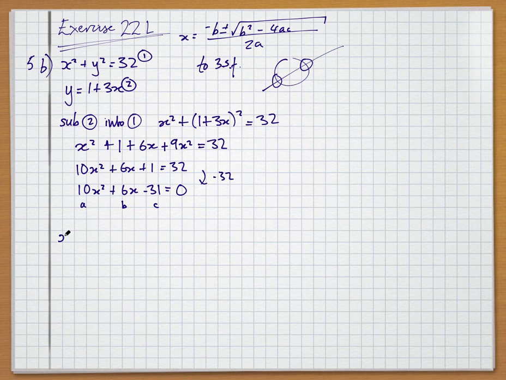So x equals minus b plus or minus the square root of b squared, b is 6, minus 4 times 10 times minus 31, all over 2 times 10, 2a.